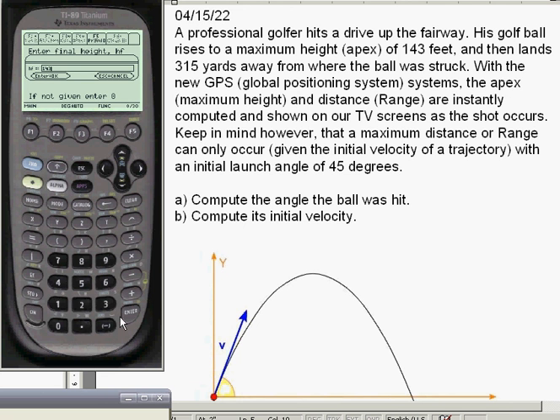So we're going to choose number 6 feet, which converts it to meters, and then we're going to enter the range, and the range here is alpha 315, and that's yards. Press number 7, it converts that for you, 288 meters. I show you what you've entered here. You can change it if you've made a mistake. I say it's okay.